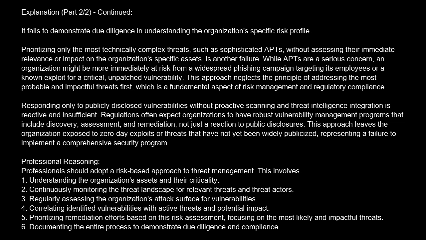Prioritizing only the most technically complex threats, such as sophisticated APTs, without assessing their immediate relevance or impact on the organization's specific assets, is another failure. While APTs are a serious concern, an organization might be more immediately at risk from a widespread phishing campaign targeting its employees or a known exploit for a critical, unpatched vulnerability.